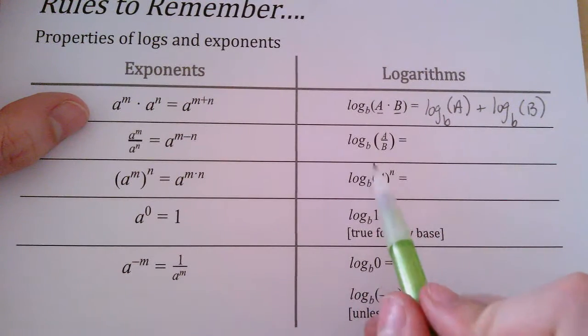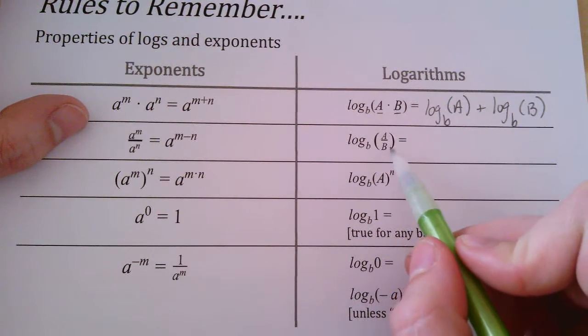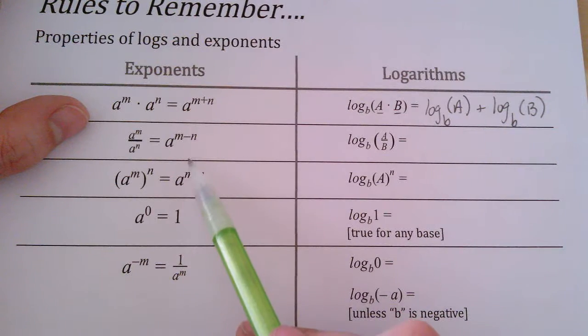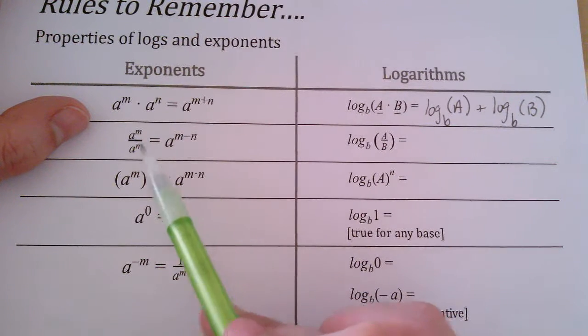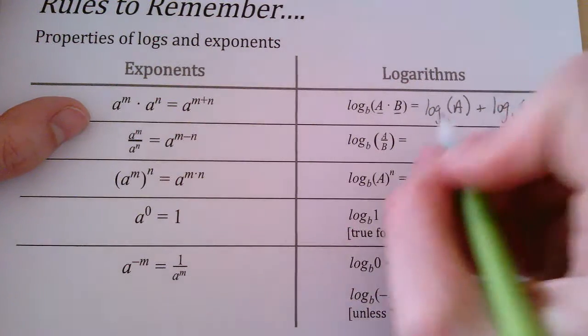So if I'm taking log base b of a divided by b, notice how I have two numbers in the argument that are being divided. Well, you could almost guess what's going to happen by looking at this rule over here. When I multiplied, I would add, but if you're dividing, just like with exponents, you wind up subtracting.